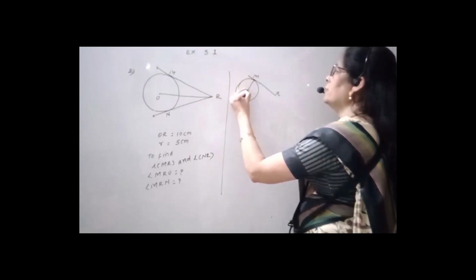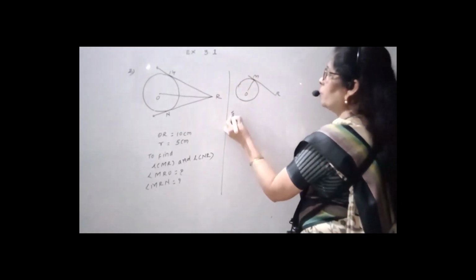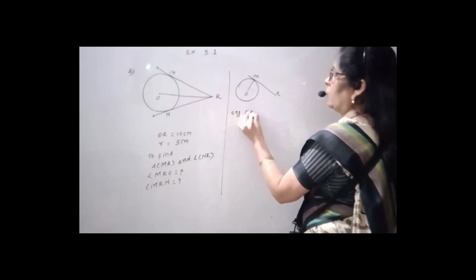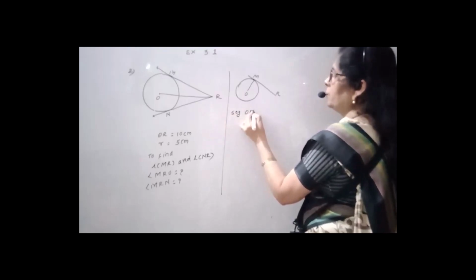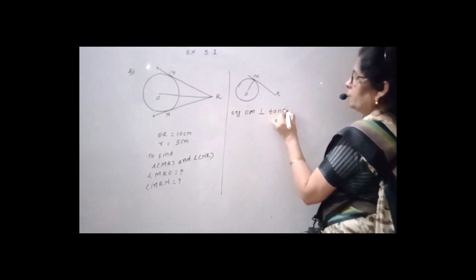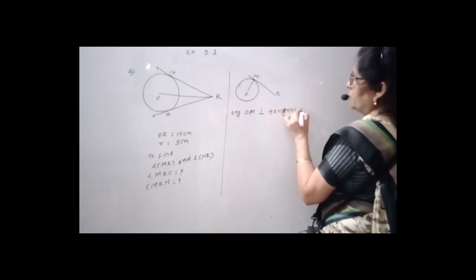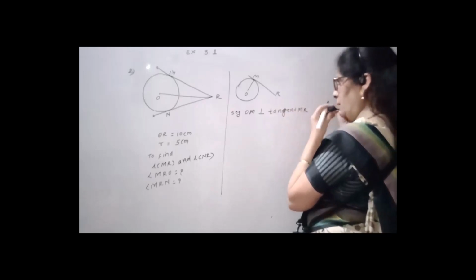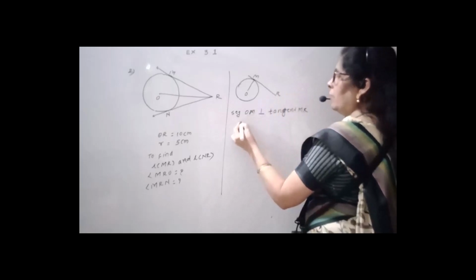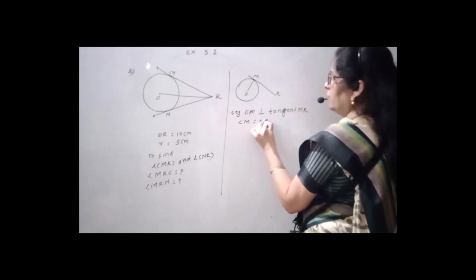OM is the radius drawn from the point of contact. And therefore, according to the property of the tangent, segment OM is perpendicular to tangent MR. And so angle M is a right angle. Angle M is 90 degrees.